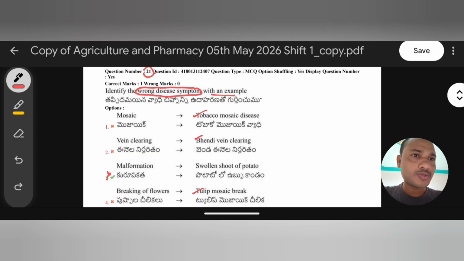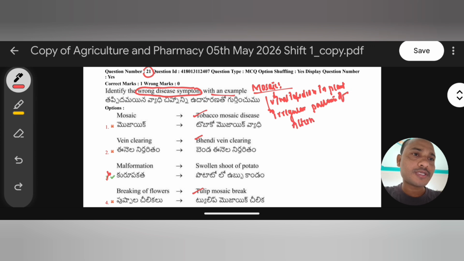So generally mosaic. What are the symptoms of a general mosaic? Mosaic is generally the symptom of viral infection in plants. So what are the characteristic symptoms of mosaic? Irregular patterns of alternating light green or yellow patterns and dark green patterns are seen on the leaf.